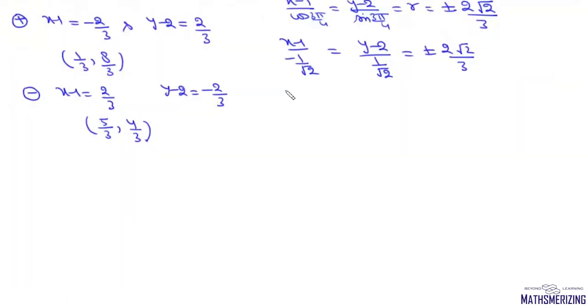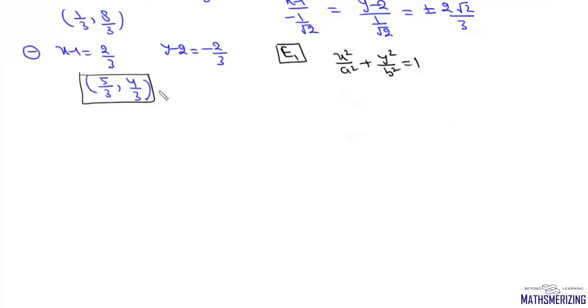Now let us find a and b for this ellipse E1. Let the equation of E1 be x squared upon a squared plus y squared upon b squared equals 1. Now this point lies on this ellipse. So if at this point we draw a tangent, then its equation is given by T equals 0. So we can write this equation as 5x upon 3a squared plus 4y upon 3b squared equals 1.